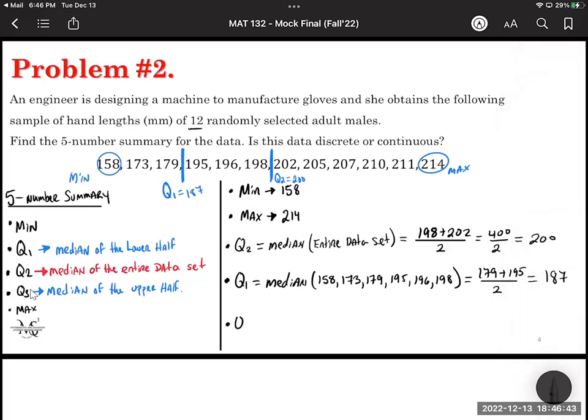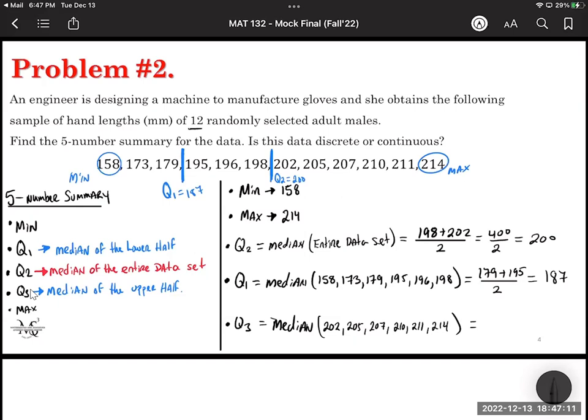To find Q3 by our method, it's the median of the upper half. So I take the median of the numbers that are involved in the upper half. Where does the upper half begin, at what value? 202. So you begin at 202, and you go all the way up to 214.